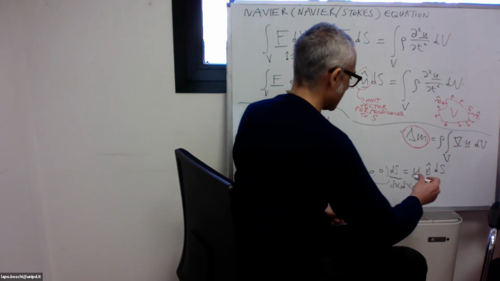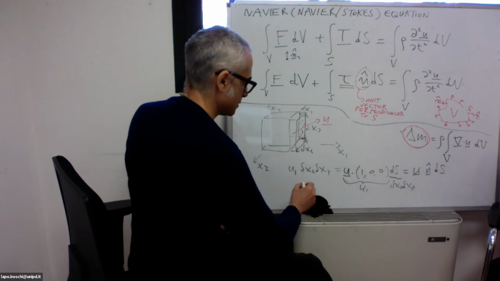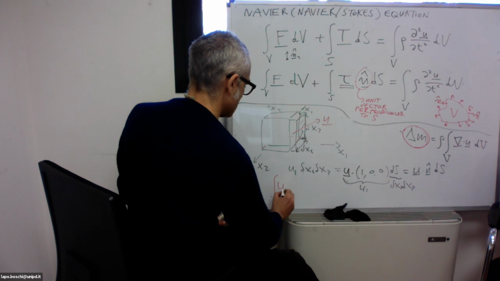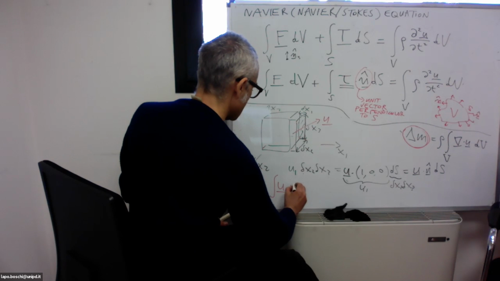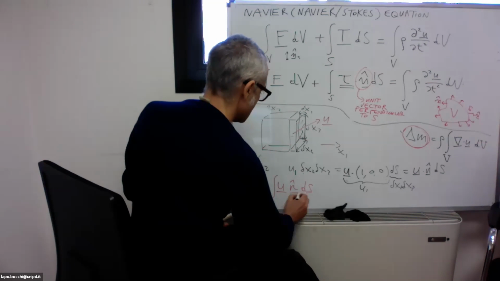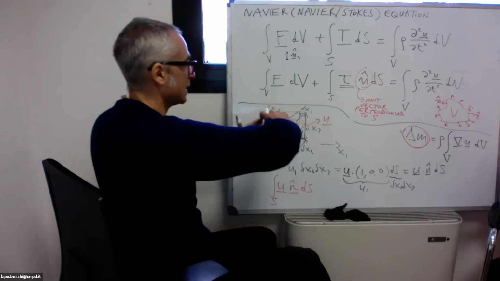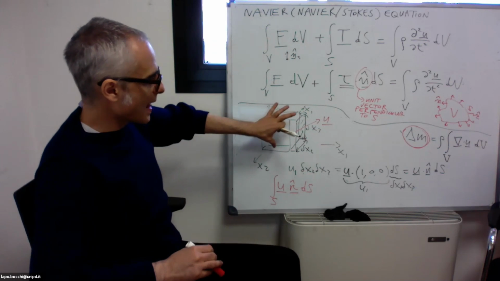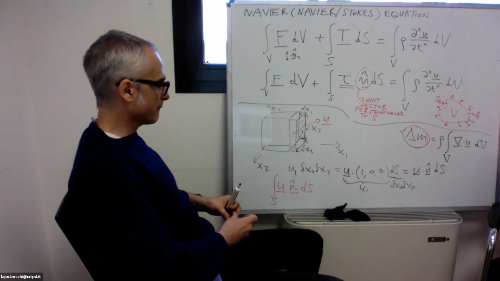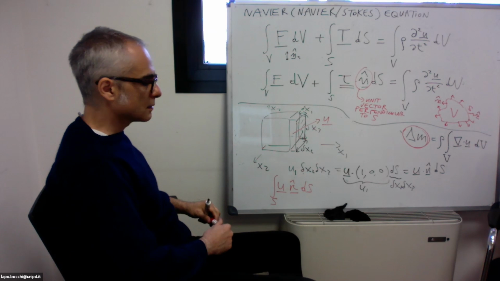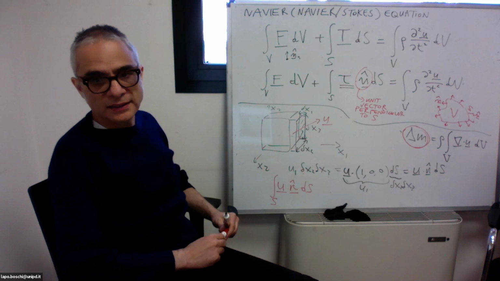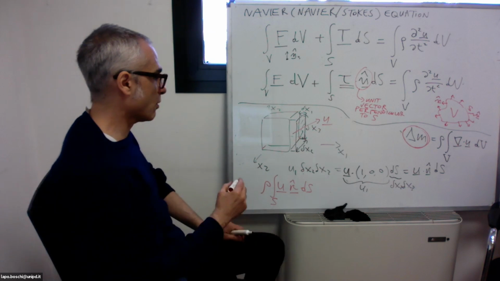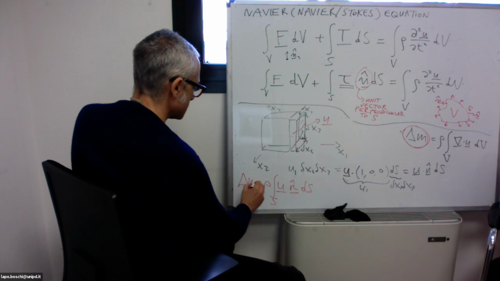And if I integrate u dot n dS over the entire surface that bounds my element of material here, and if I multiply it with rho, the density, I also get the total change in mass.